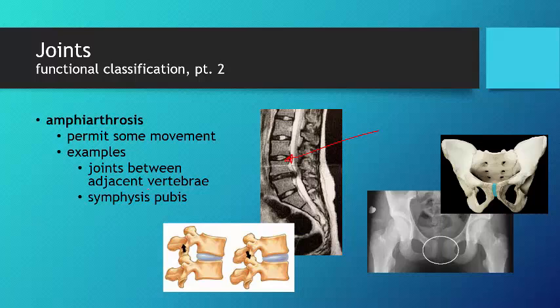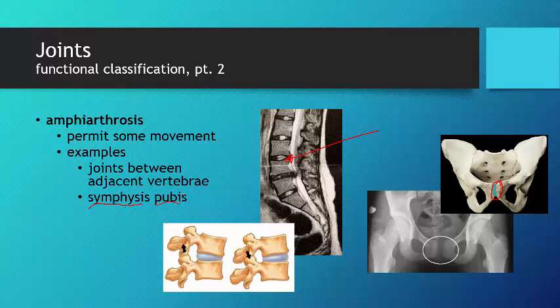And then the symphysis pubis, which is the joint between the two pubic bones. So the right and left pubis are joined together at the symphysis pubis. And I really do have this in the correct order. That's the way it's named, the official name for it.